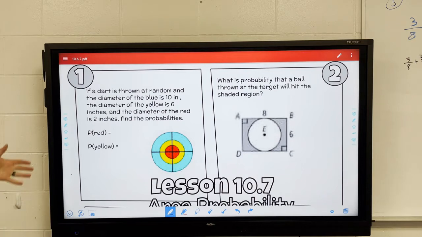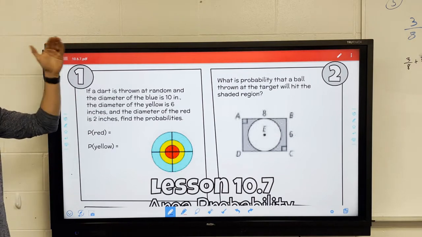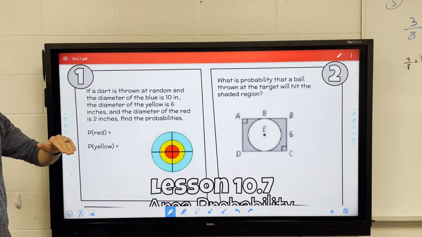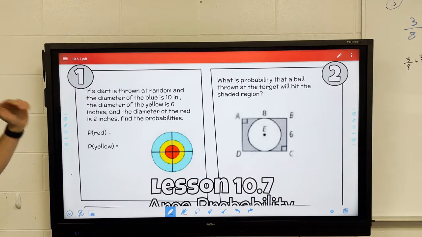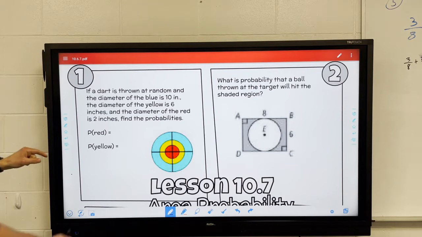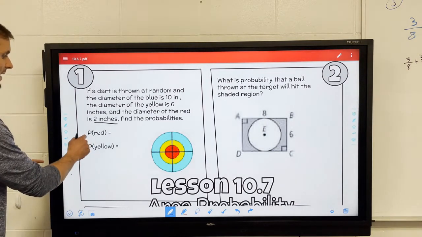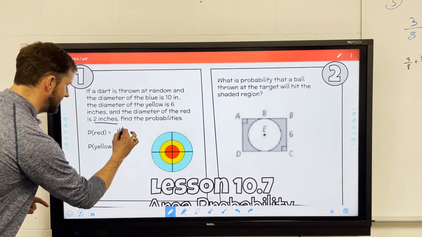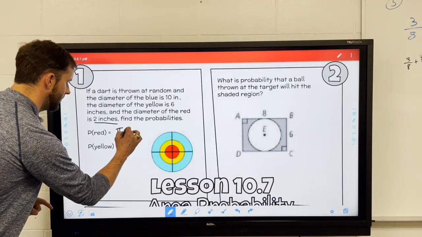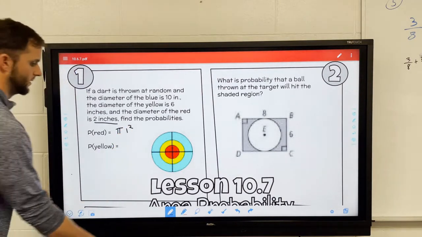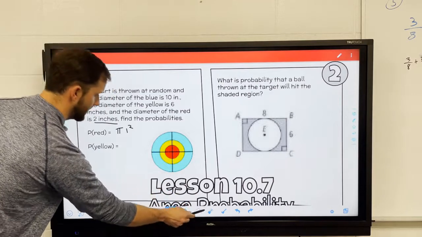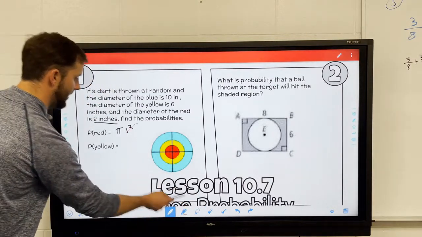Remember, what I want goes on top and the total on the bottom. What I want is the red, so I need the area of the red. The diameter of the red is 2 inches, so the radius is 1. The area is pi times 1 squared, which is just pi on top. That's the area of the red.